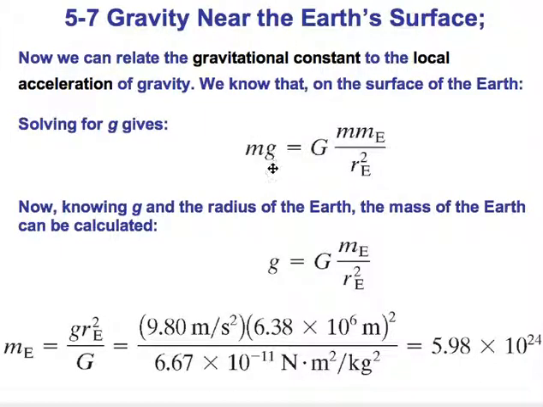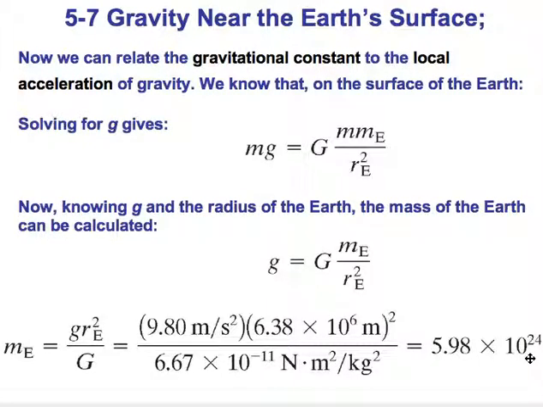This is 9.8. And the radius of the Earth was known, so basically if everything in this equation was known except the mass of the Earth, you could solve for the mass of the Earth. So he did that and figured out that the Earth's mass is 5.98 times 10 to the 24th kilograms.